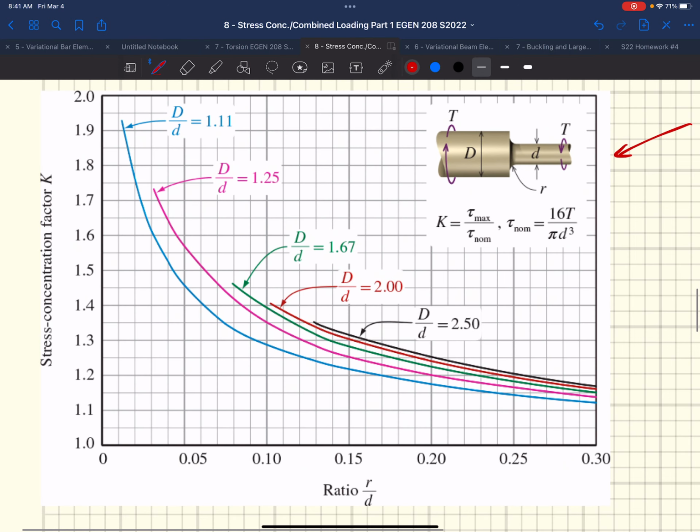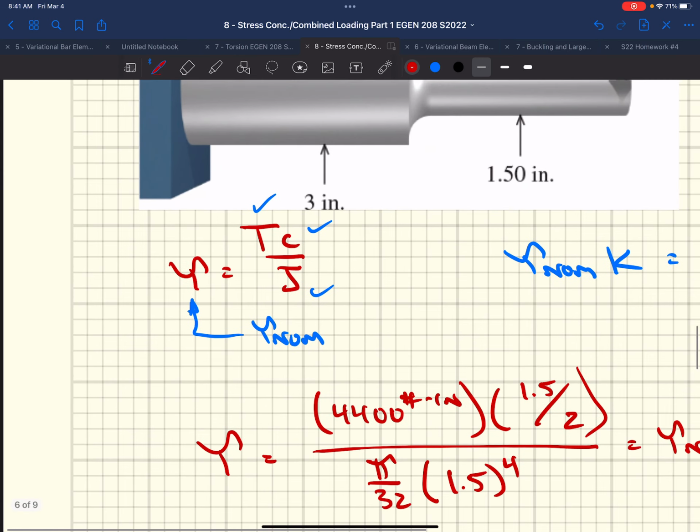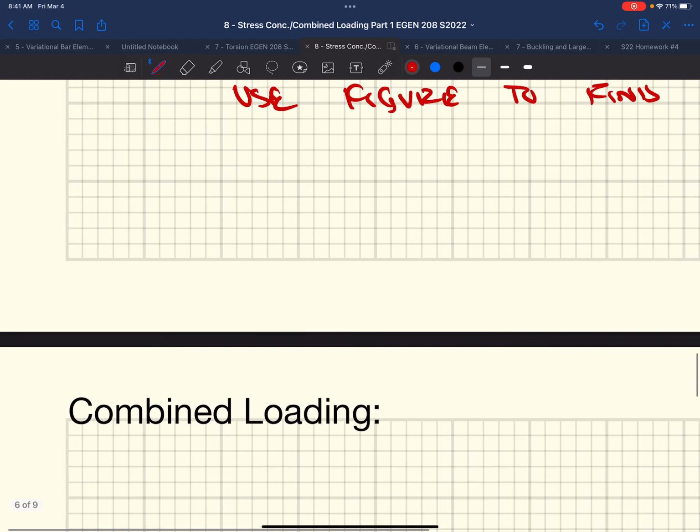Go here, start at 1.2. We're going to go to the curve that's associated with 2, so we're going to go way out here. We'll go down to here, right? So this is our R over d ratio that we want for our problem. In this case, I'm going to guess at 0.238.